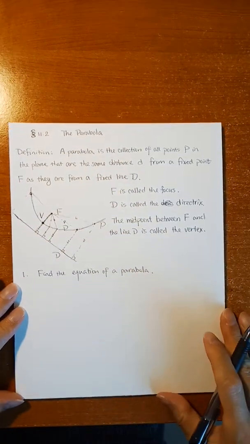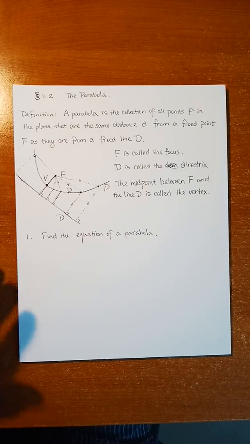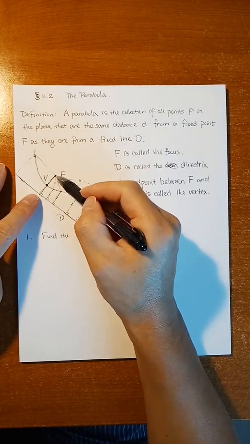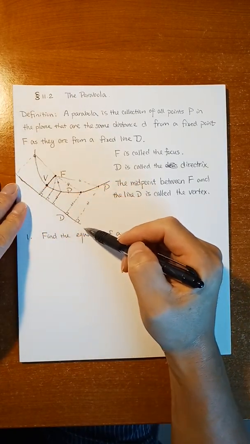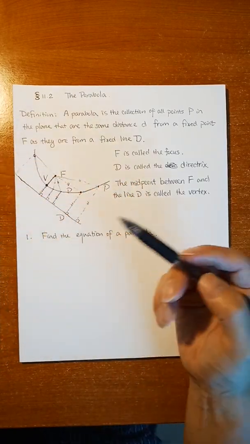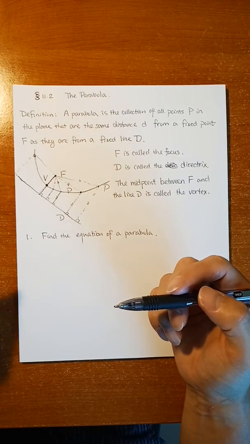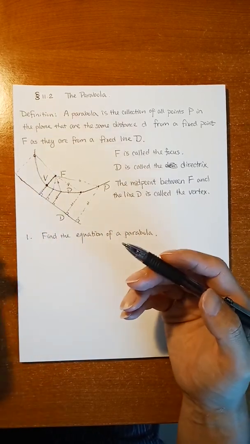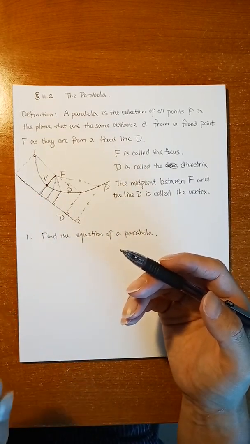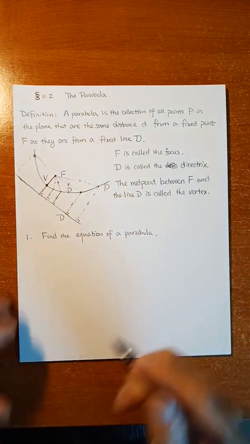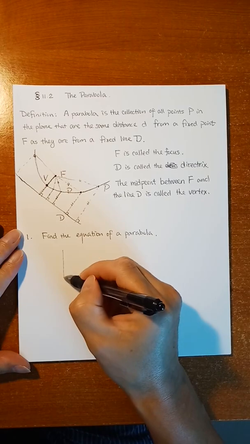Okay? If we really place the vertex here randomly and the directrix like this in whatever slope, it's very difficult for us to find the equation, or the equation will be very messy. So we're trying to see a special placement. So here is a setting.